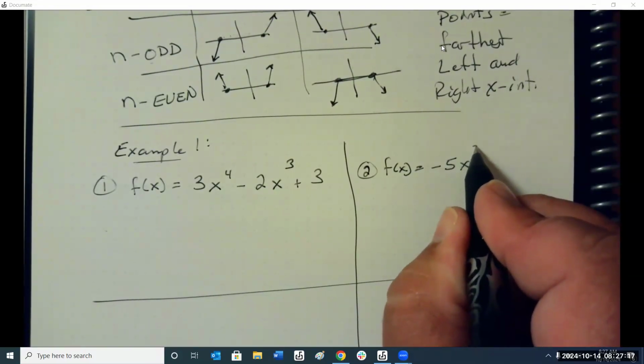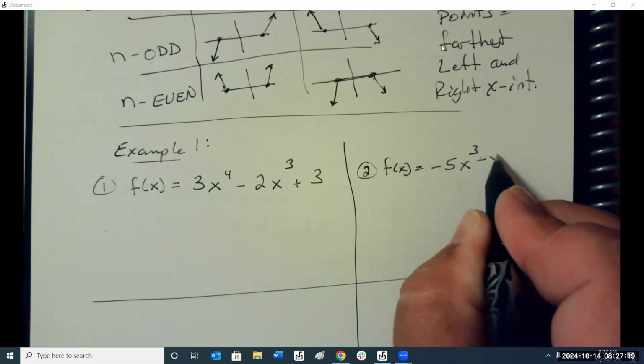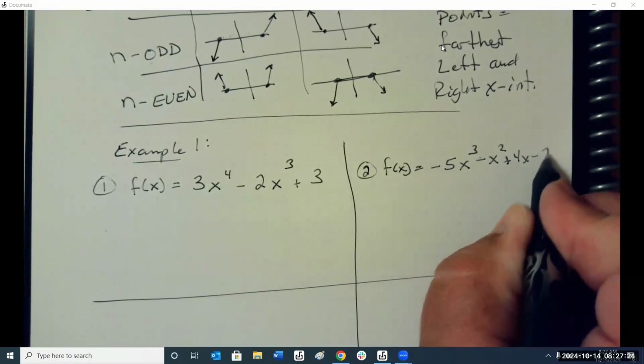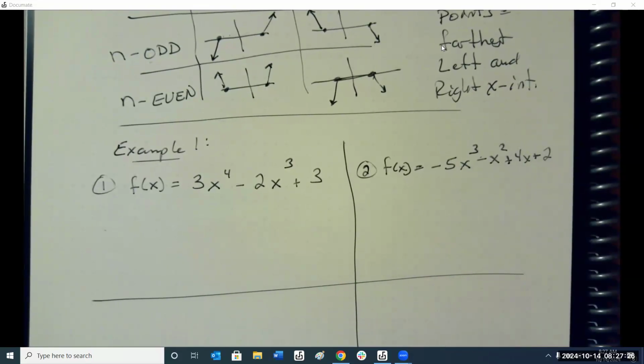Negative 5x cubed minus x squared plus 4x plus 2.